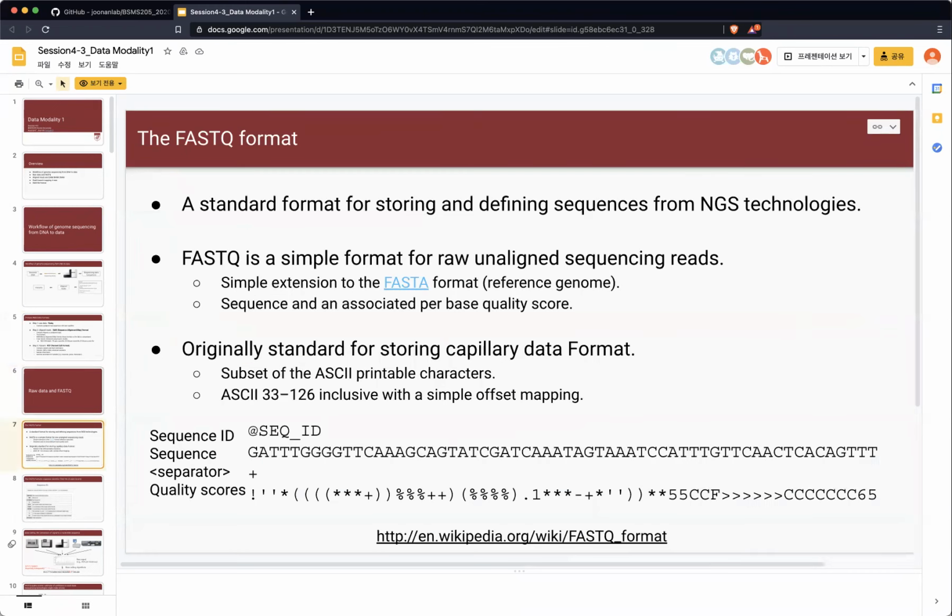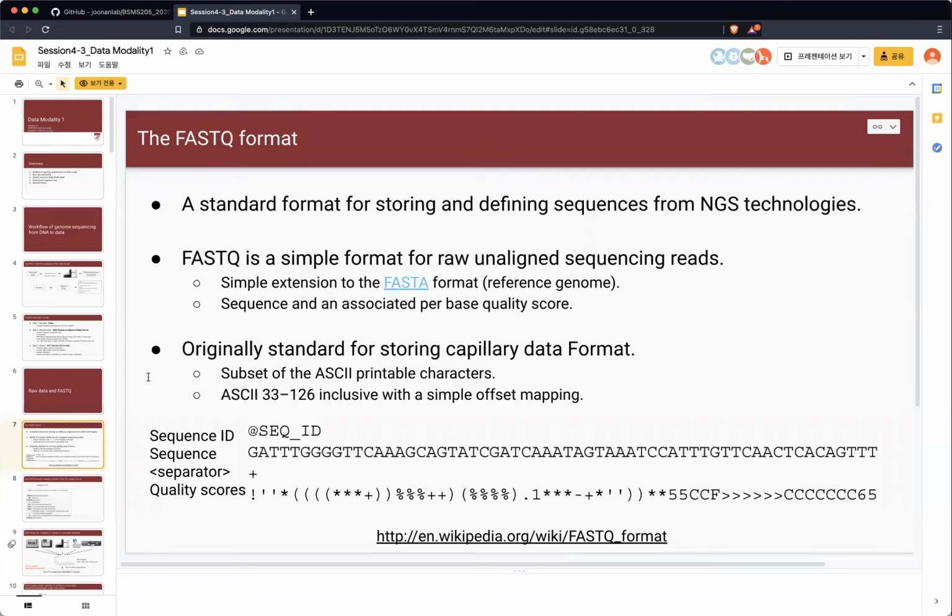Okay, so the first one is the raw data and Fastq. Raw data is stored in a Fastq format, and this is a standard format for storing and defining sequences from NGS technologies, right? Fastq is a simple format for raw sequencing reads, and it is a simple extension of the FASTA format, which is for the reference genome sequence.